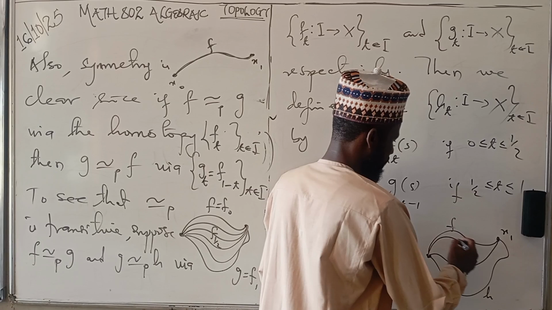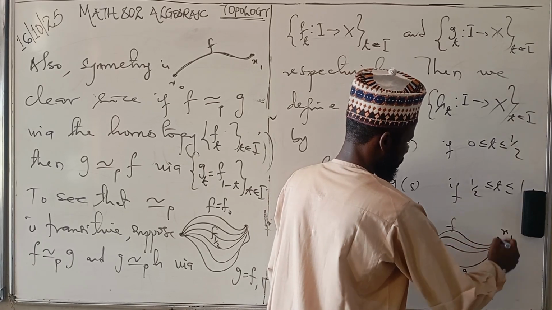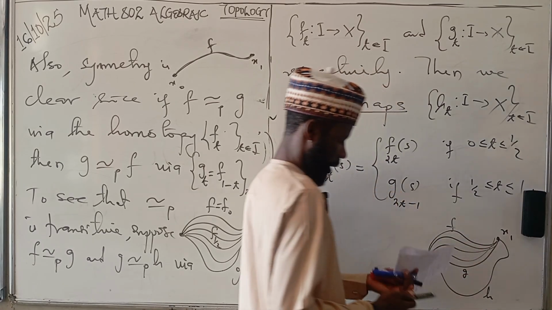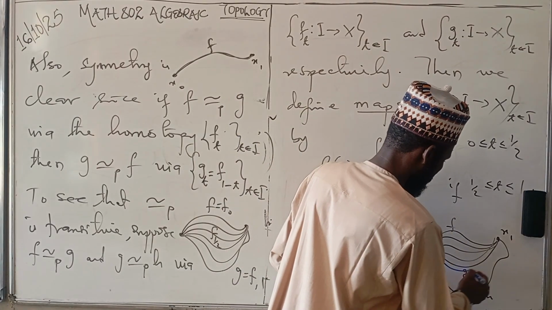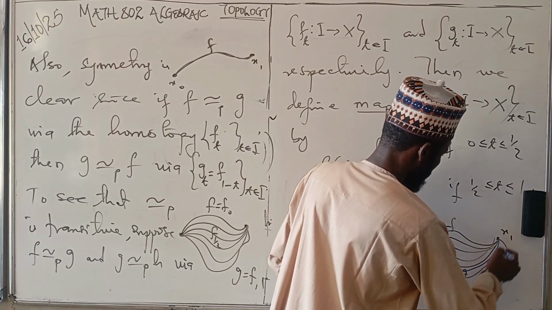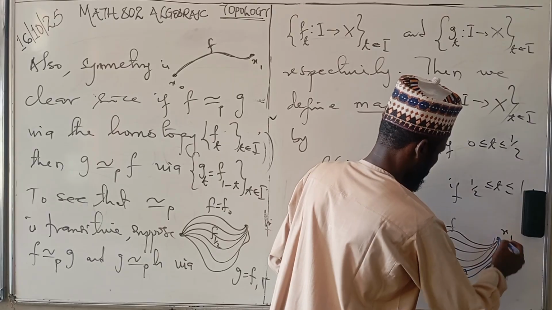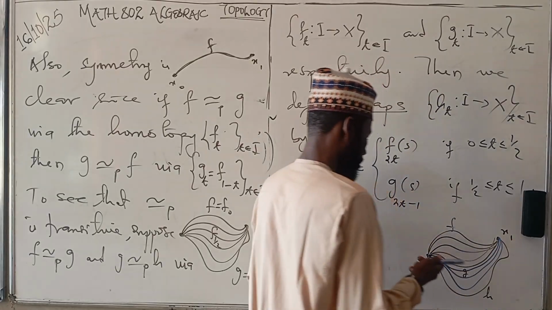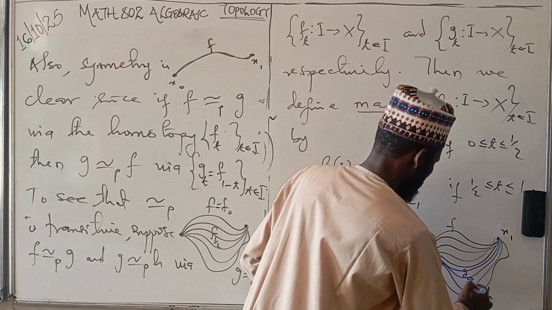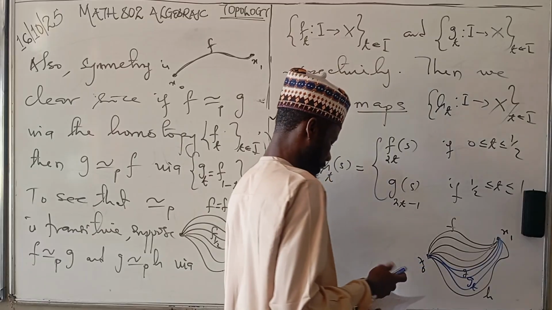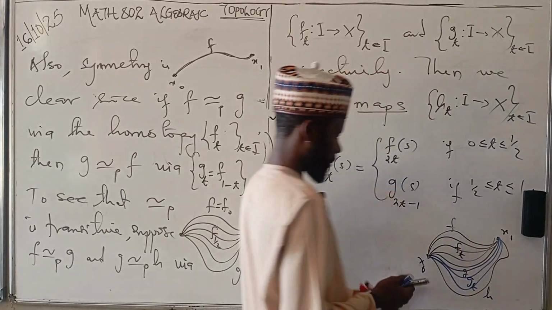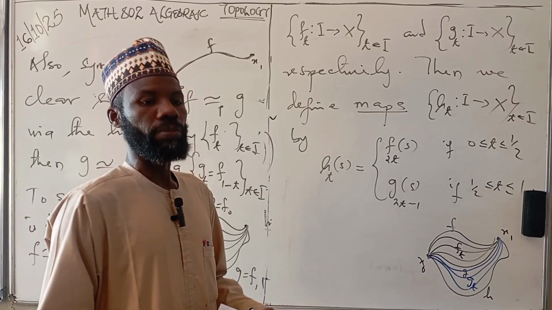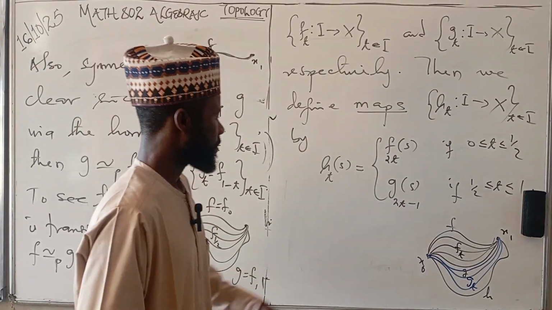So there is a homotopy from f to g, and then we had a homotopy again from g to h. So this homotopy here is ft, and this homotopy over here is gt.